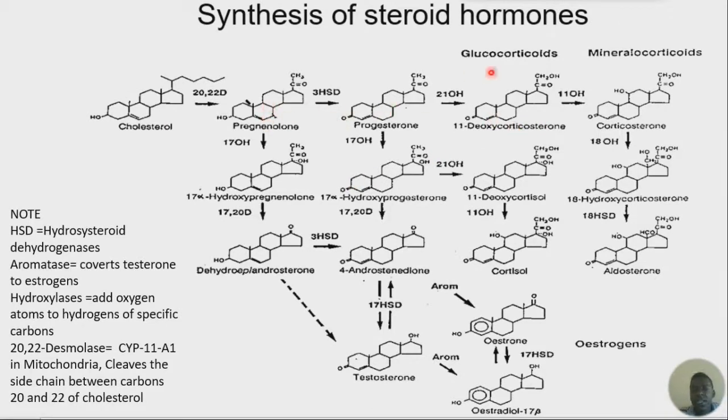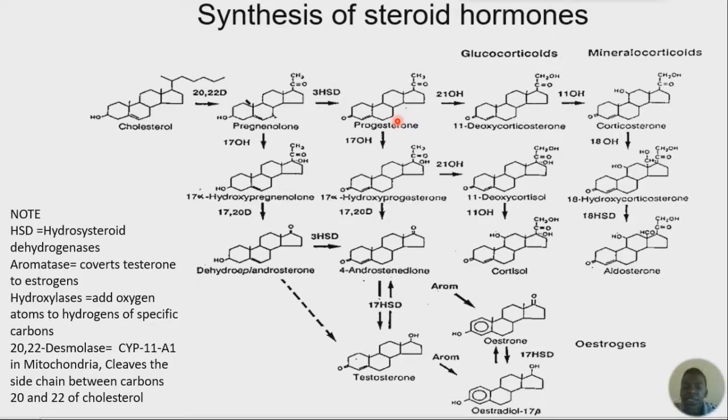Now, if we want to make something like aldosterone, we use 3-hydroxysteroid dehydrogenase, which removes the hydrogen at carbon number 3, and we form progesterone. Progesterone is a precursor of many things.